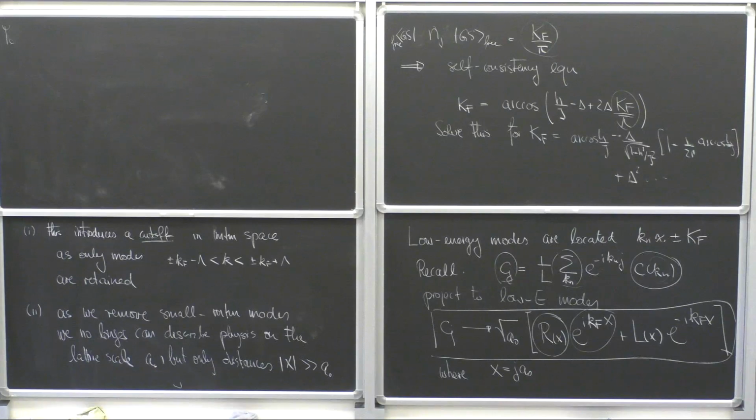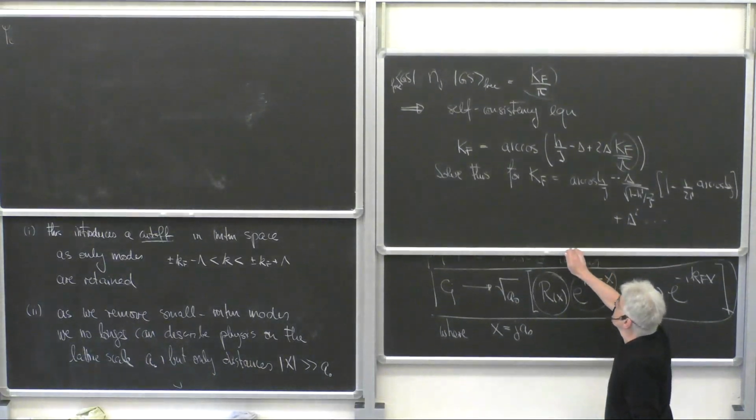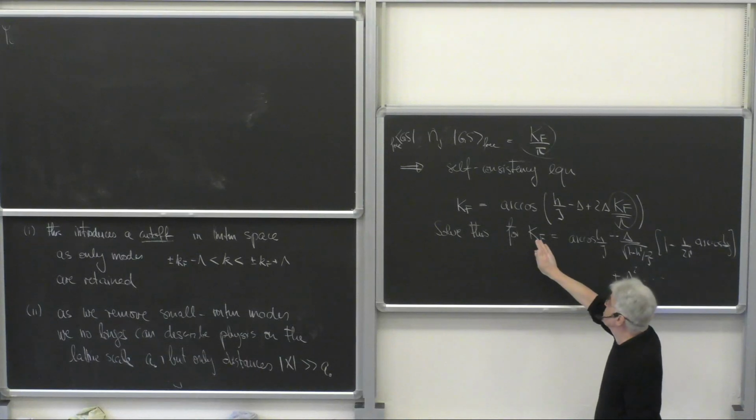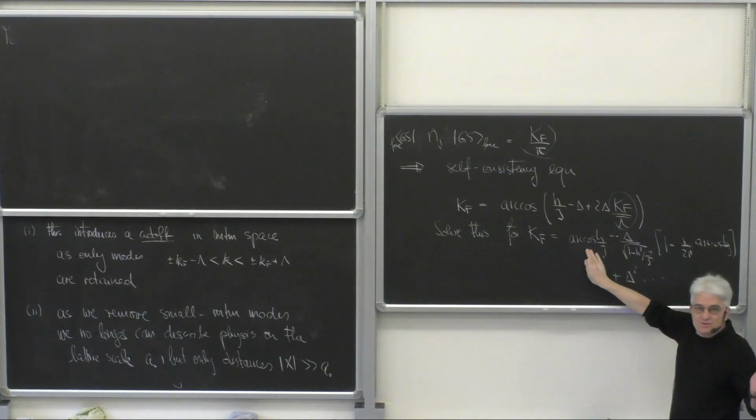When you went from Cj to the sum to the continuum expression, doesn't kf have to pick up some dimensionality? Thanks for the question. Here I have used capital KF. It's a dimensionless quantity, because you see here there's no dimension.